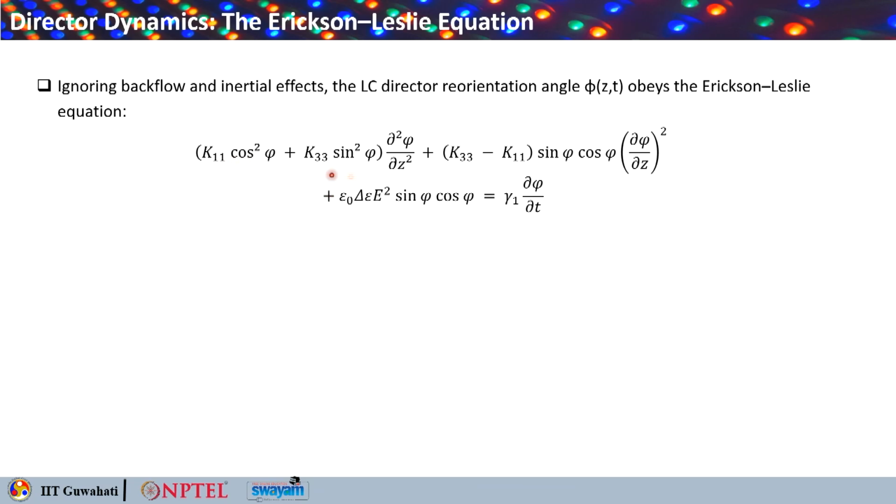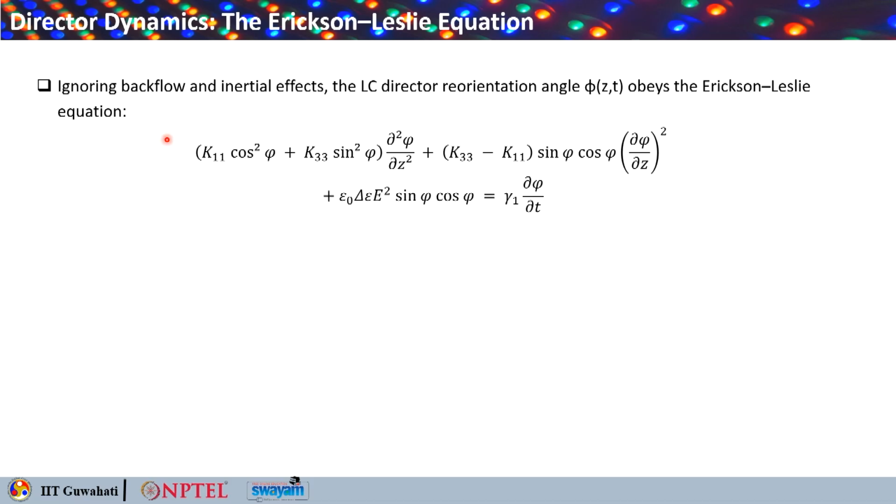Then you have a nonlinear gradient squared term, and then the third term is the electric field driving term, right? On the right hand side you have a viscous damping response, which is proportional to the rotational viscosity, gamma 1. So this is the equation.